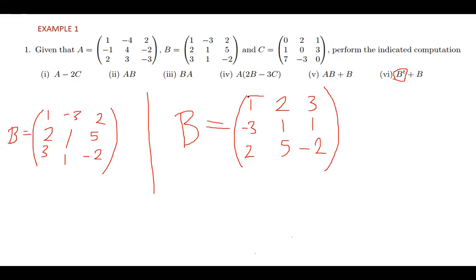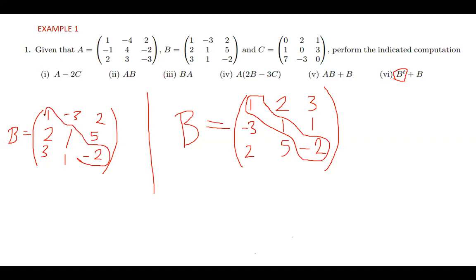If you want to prove whether your transpose is correct or wrong, you look at the leading diagonal. This is the leading diagonal. The leading diagonal of a transpose of a particular matrix is supposed to be the same as the leading diagonal of that matrix.